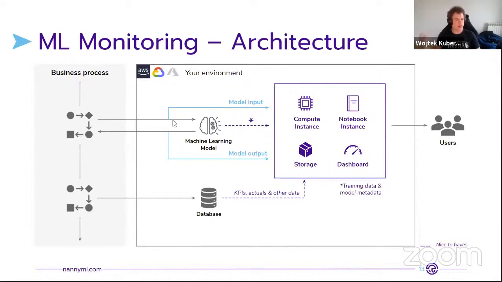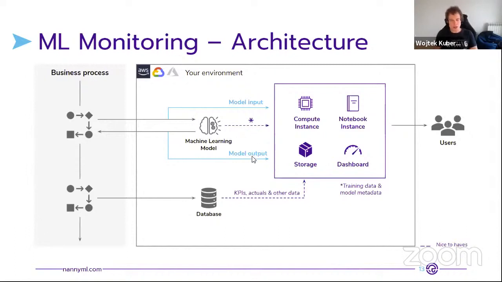So your typical features, right? Credit score, credit history, income, location, occupation, things like that, for example, with our running example of credit scoring. So this is the model input. Then we have a machine learning model that does its magic, and then it outputs the model output, obviously.